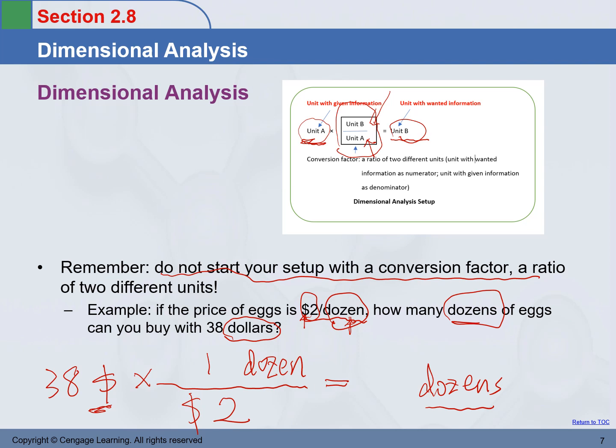Now, to perform the calculation, you punch in the first number into your calculator, multiply the numbers on the top, divided by the number at the bottom. 38 times 1 divided by 2, 19. You can buy 19 dozens of eggs if the price is $2 per dozen.